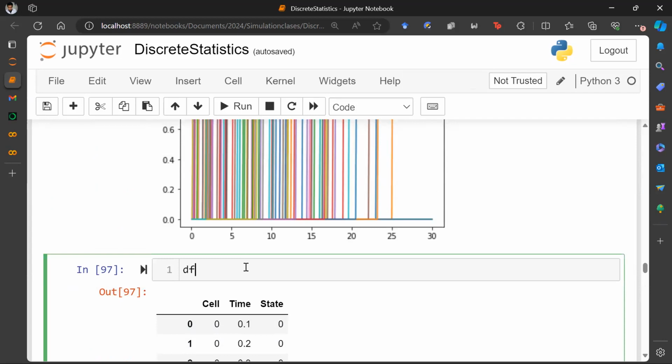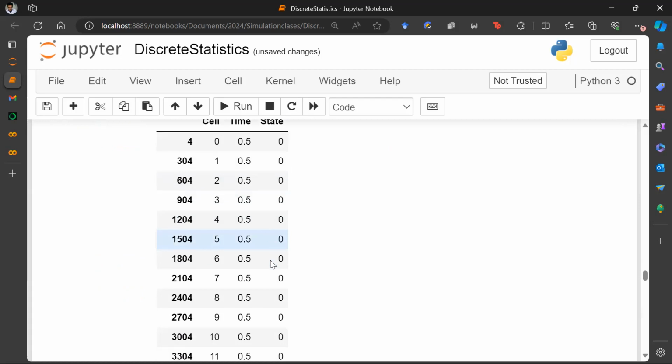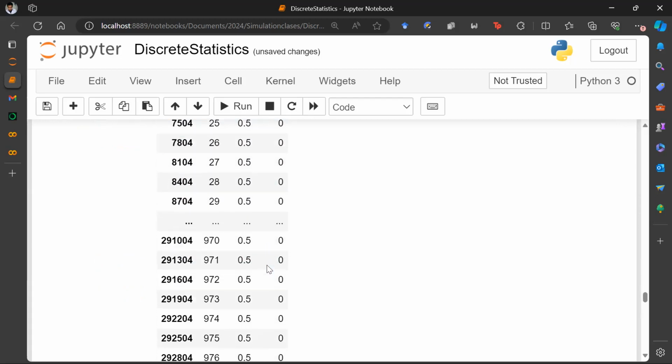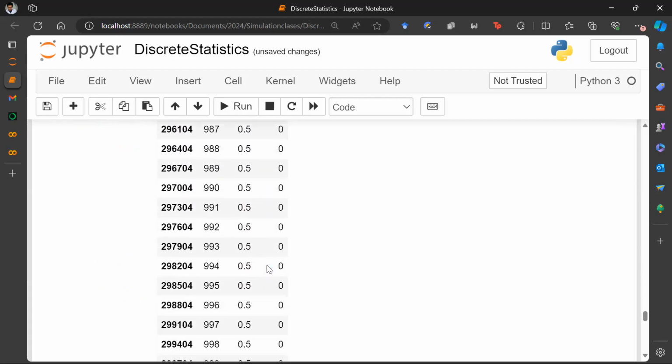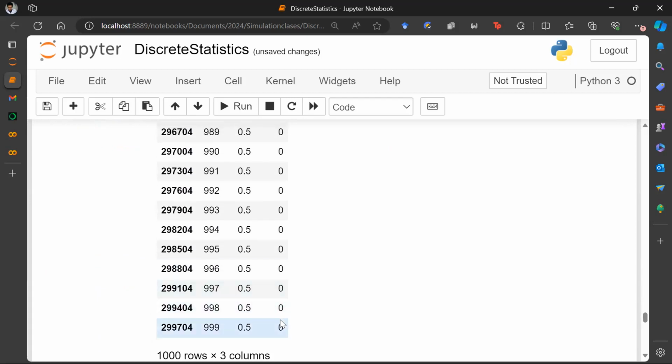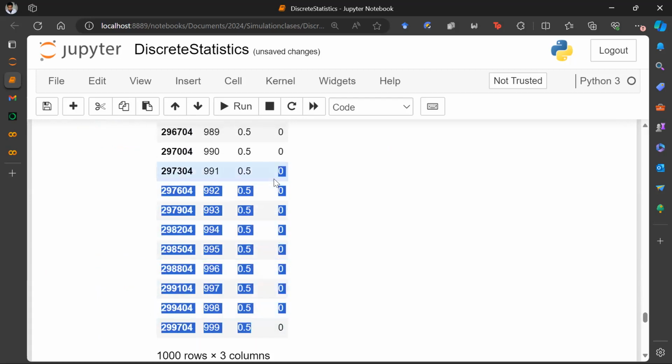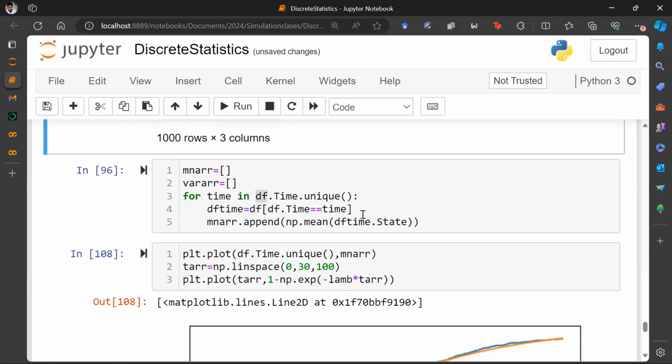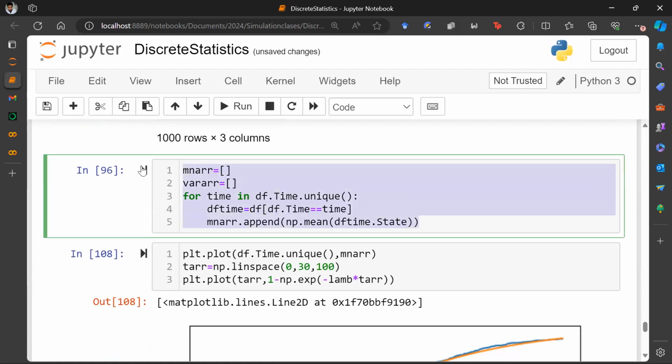So I can go and check the data, such as f of time, where the time is equal to a given time, 0.5, and I have all cells and the state at that time. And I can take the mean of this value. That's the thing I did here.